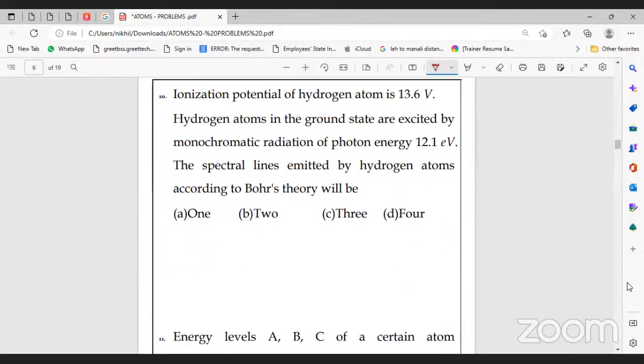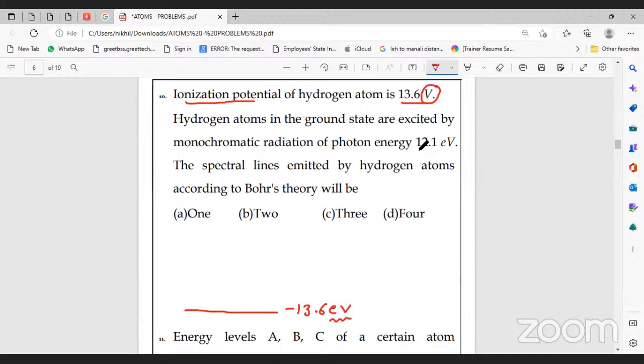Look at this. Ionization potential is given as 13.6 volt. So the energy will be minus 13.6 electron volt. If potential is in volt, energy will be in electron volt.